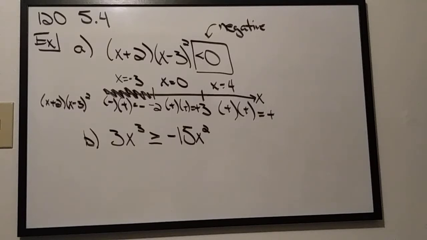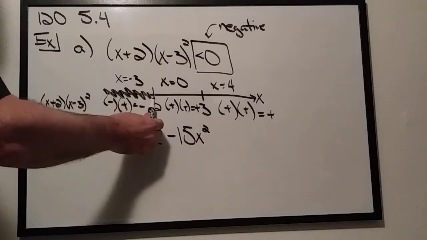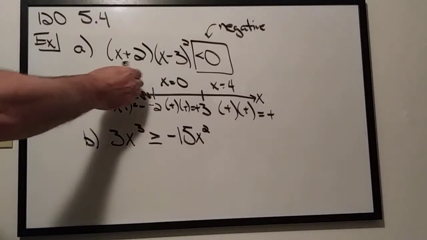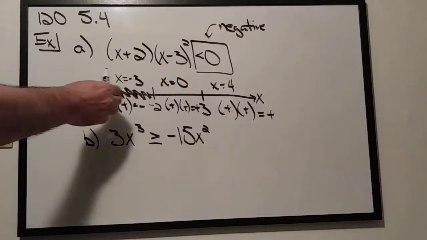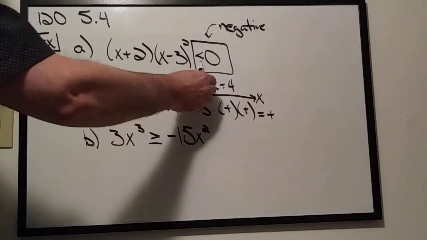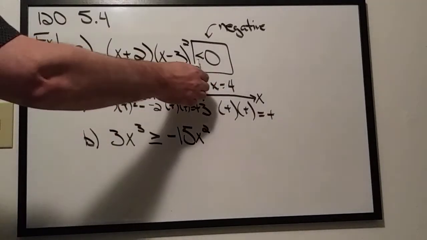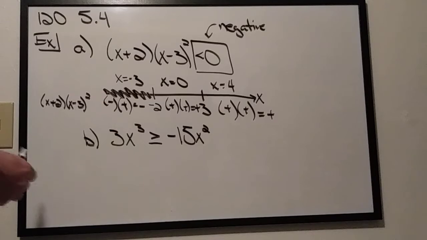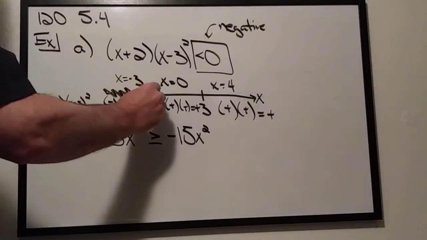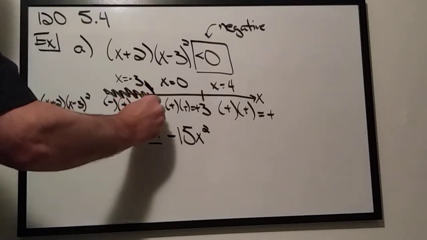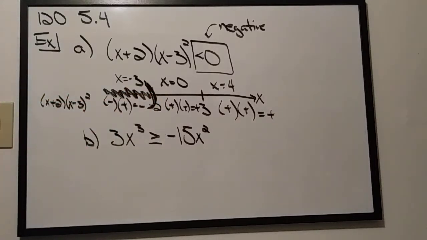So now I have to decide then, do I want to include that -2 itself? Well, if I plug in that -2 here, I'm going to get the number 0. And because this is a strict inequality, there's no equal to on that less than, I'm not interested in that endpoint of -2. So I'm going to go ahead and put a parenthesis there saying I'm not interested in that part.